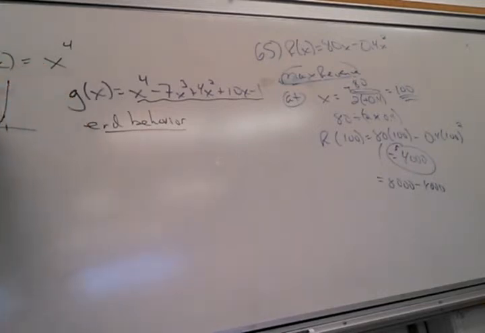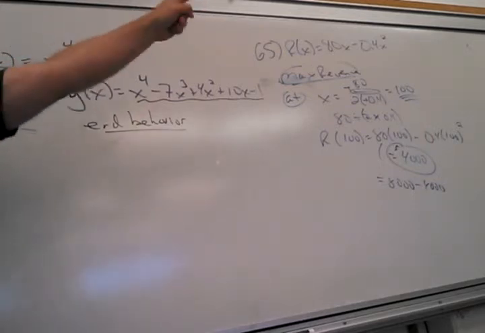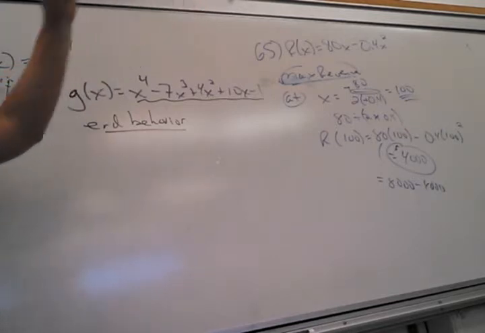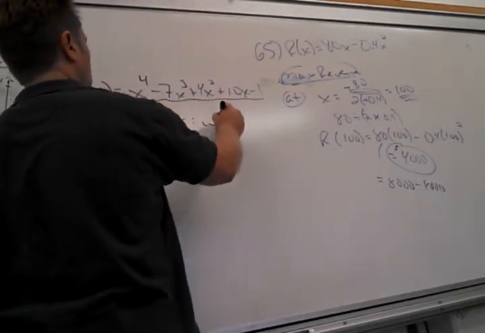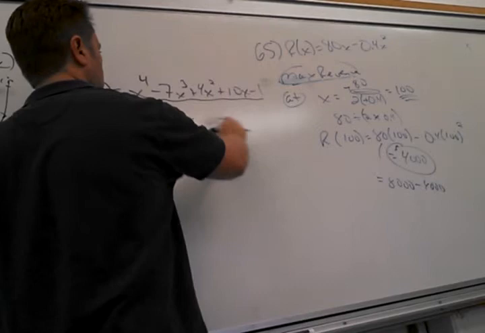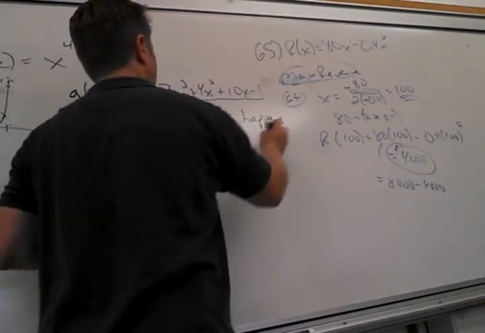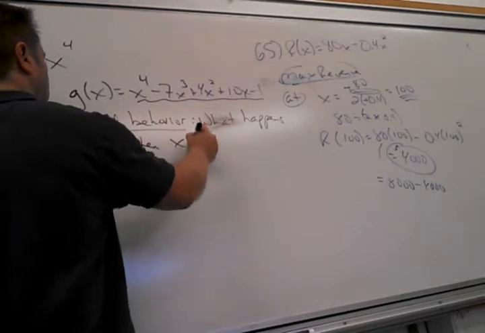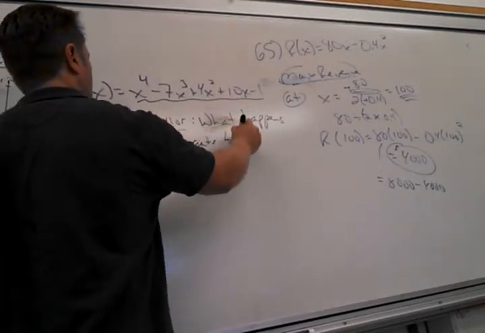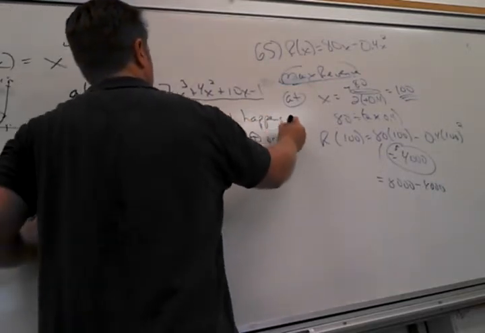Do I care about what's going on in here? I care about what's going on at the ends, which means let x get really big, positive or negative. So end behavior is all about what happens when x gets big, positive or negative.